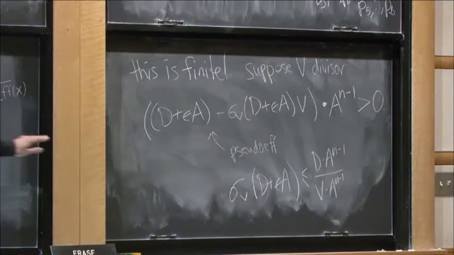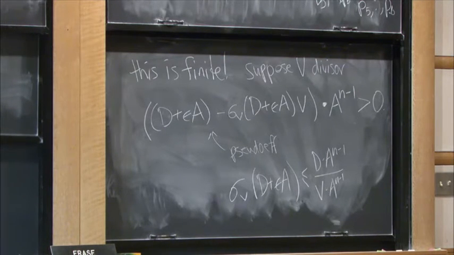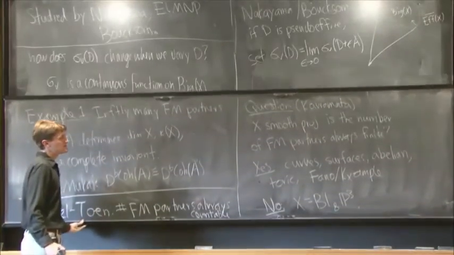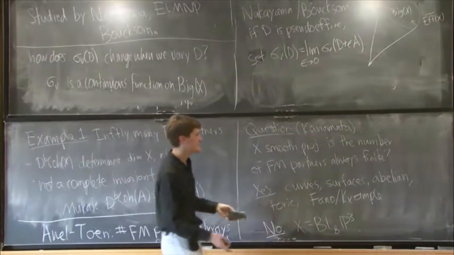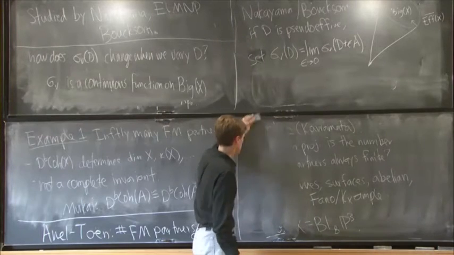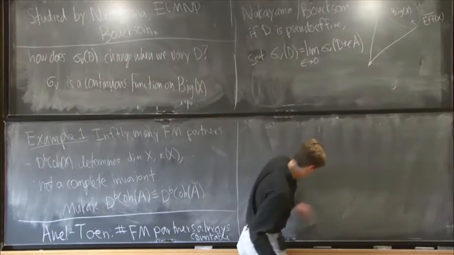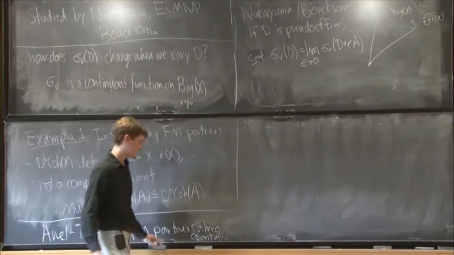Any questions about this setup on this asymptotic multiplicity? So far, this is all Nakayama defining sigma v and showing it exists even for pseudo-effective divisors. I promise soon I'll get to the fun example and actually work this out in a case.